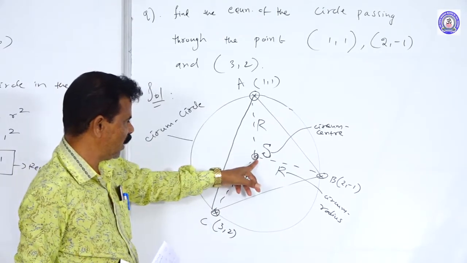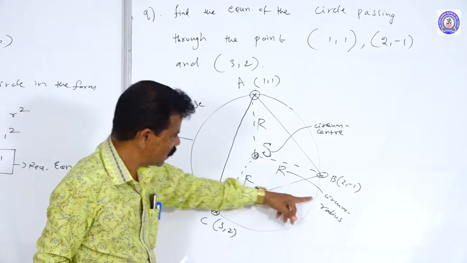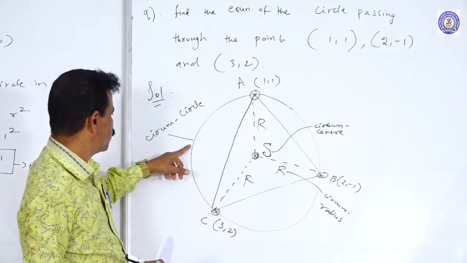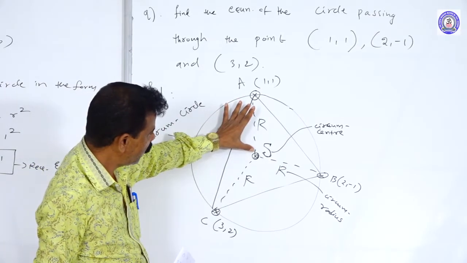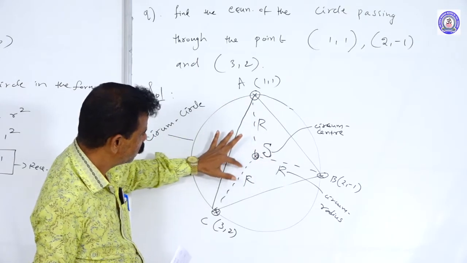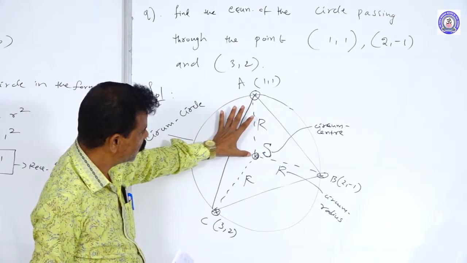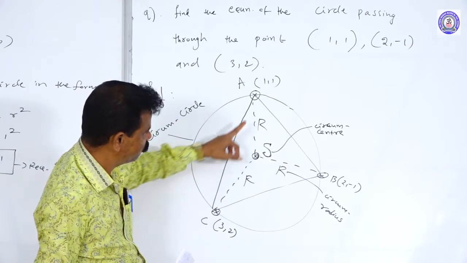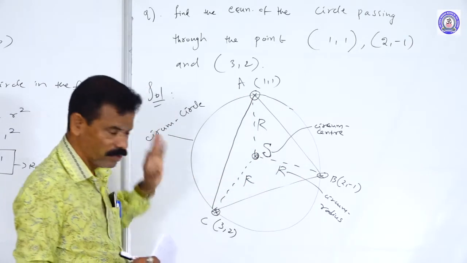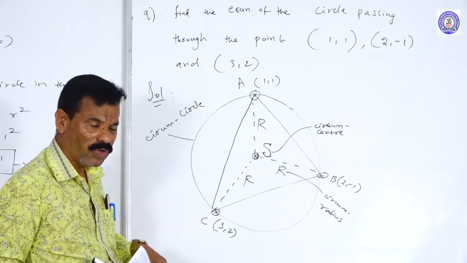This is the circumcenter, this is the circumradius, this is the circumcircle. So here the radius capital R from S, three distances equal. SA is equal to SB is equal to SC. SA, SB, SC, three distances equal to the radius.